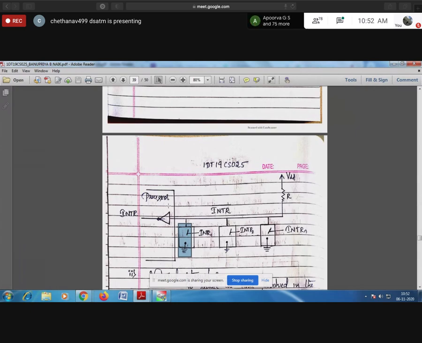The delay is there, that is known as interrupt latency. I request now, but I will get the service after 2 milliseconds. Maybe the processor is busy, so by that time you have to wait. The duration between your request and getting the service, that delay is known as interrupt latency.